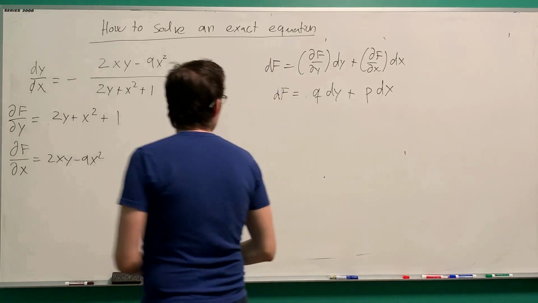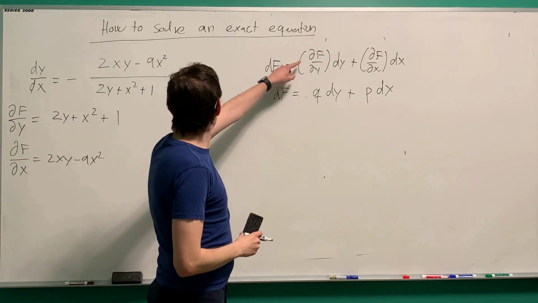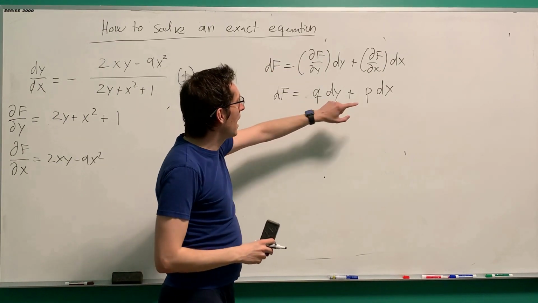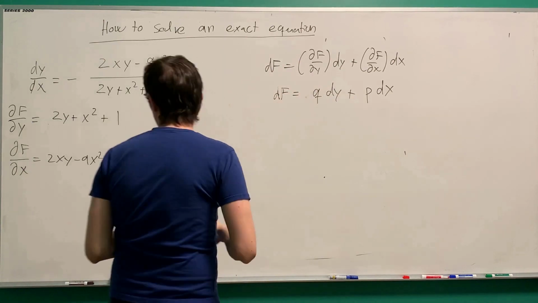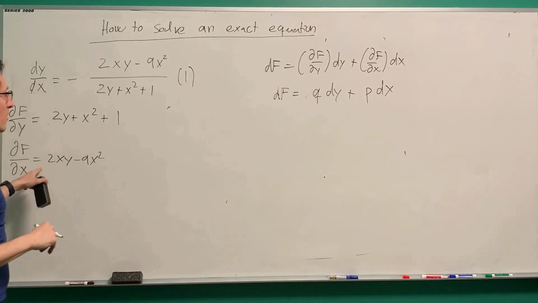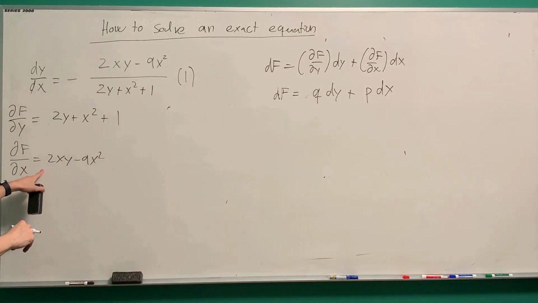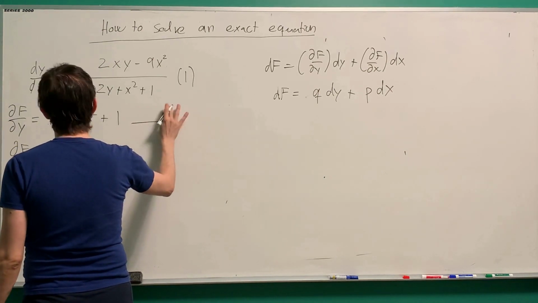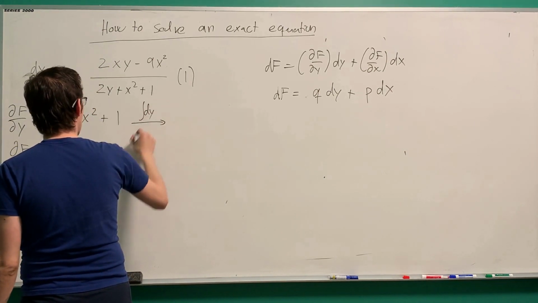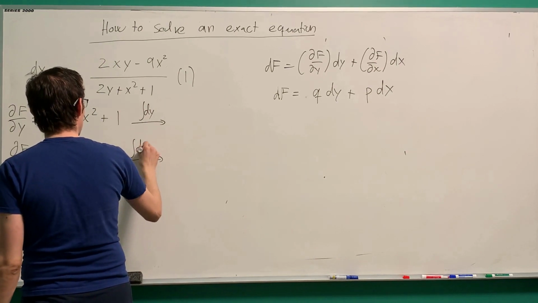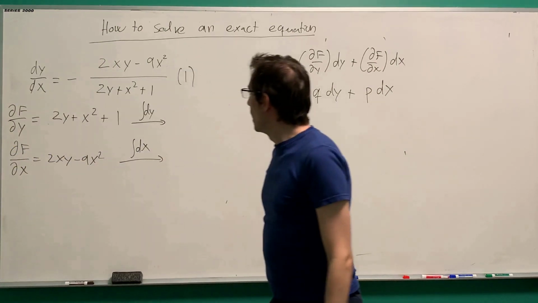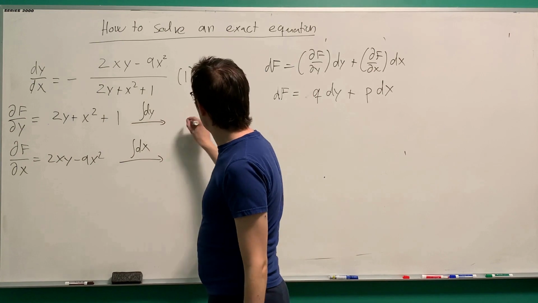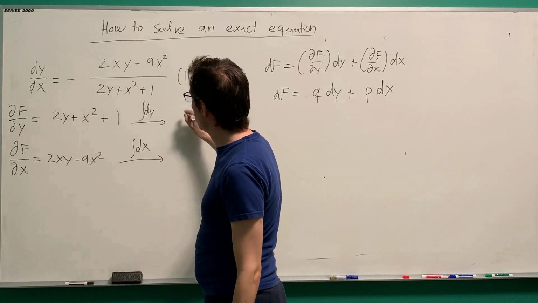Then we know that q is the derivative of f with respect to y, and p is the derivative of f with respect to x. So we integrate here with respect to y, and we integrate here with respect to x.